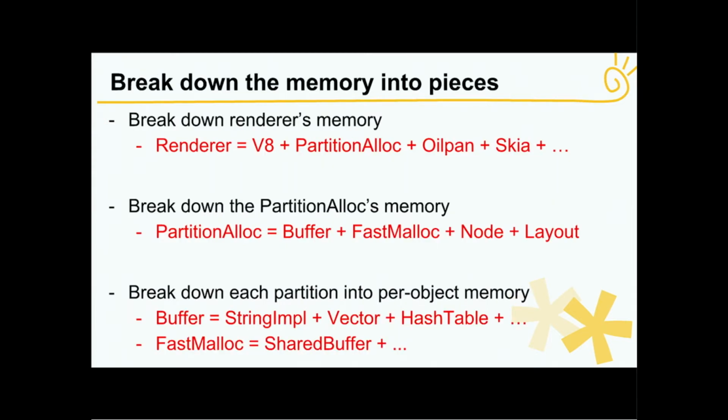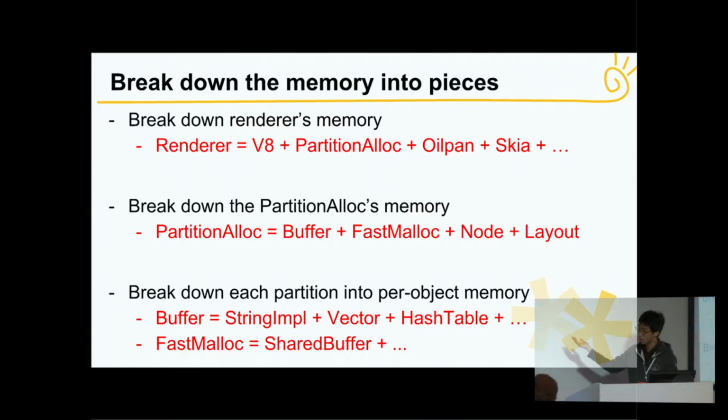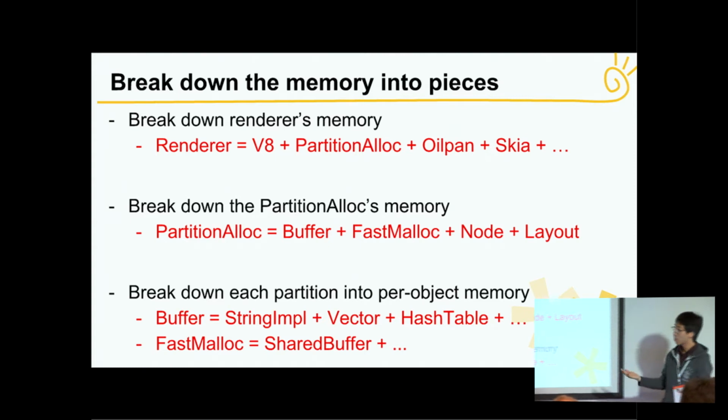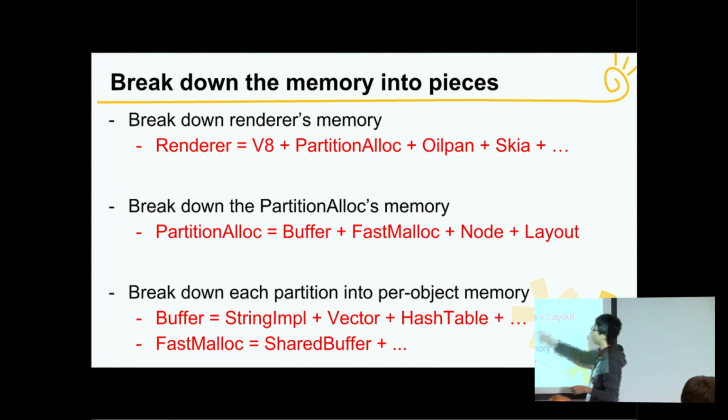So what do we want to do? We want to break down the entire memory into pieces. Break down the renderer's memory into V8, PartitionAlloc, Oilpan, Skia, discardable, TCMalloc, and a bunch more. After that, to understand what Blink is doing, we want to break down the PartitionAlloc memory into each partition.